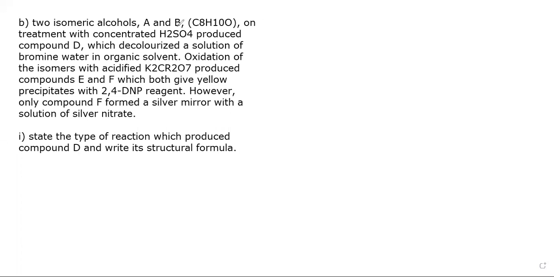Part B of the question now, it says 2 isomeric alcohols. Hold on, I left out the part. Right, so the question says 2 isomeric phenyl alcohols A and B. So we have 2 isomeric phenyl alcohols, and they give us the molecular formula C8H10O.